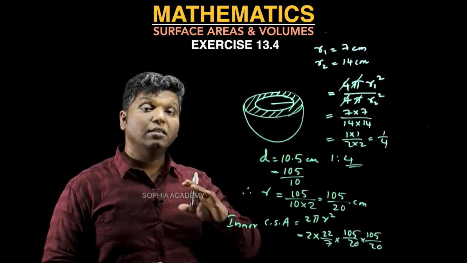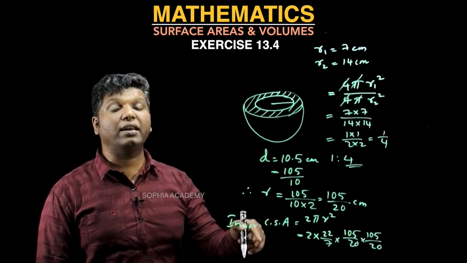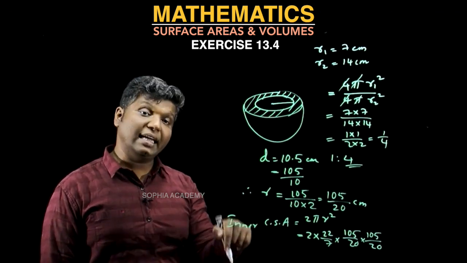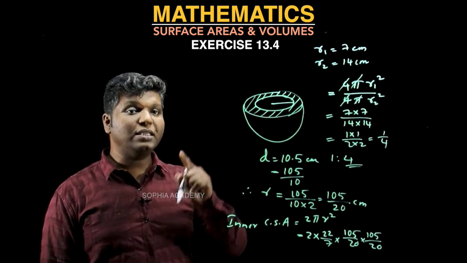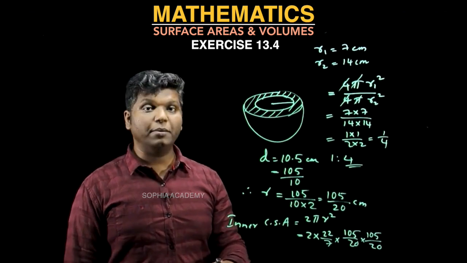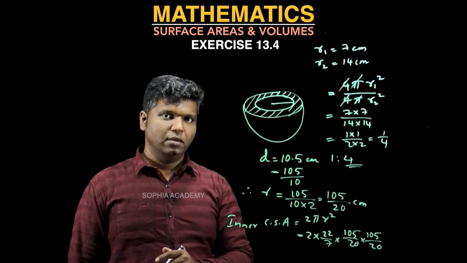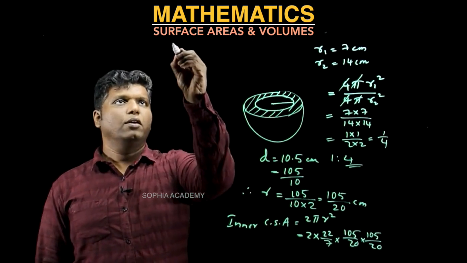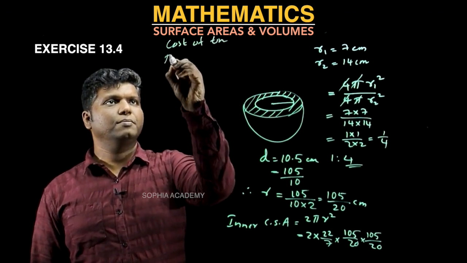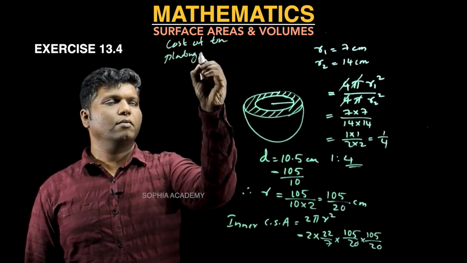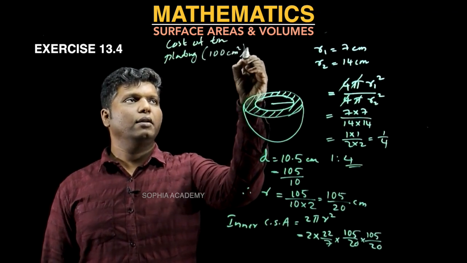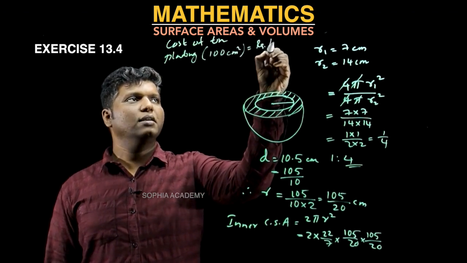You have to find the total cost, and the cost is given like this: you have to find the cost of tin plating on each side at the rate of rupees 16 per 100 centimeter square. For 100 centimeter square, it is 16 rupees. So cost of tin plating, how much? 100 centimeter square is equal to rupees 16.